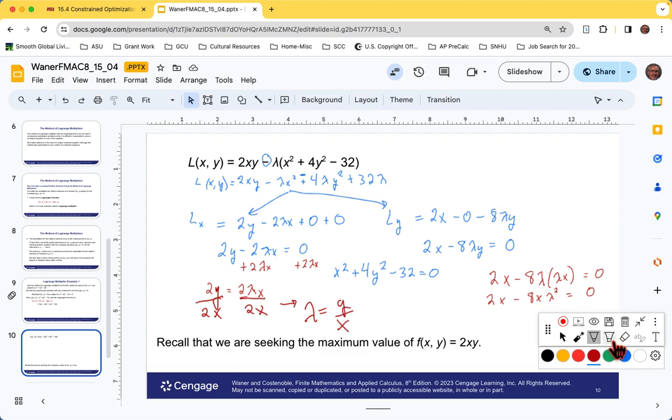So I want to erase this part. Let's start over here, and we're going to substitute this in for lambda here. So we get 2x minus 8 y over x times y equals 0.